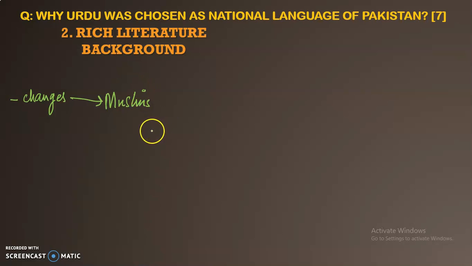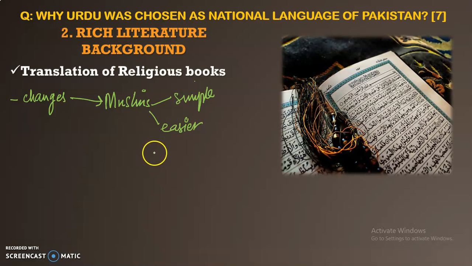There were certain changes with the passage of time brought into the language by the Muslims to make it, one, more simple, and the second, easier to understand according to the need and requirement of that time. And one perfect example we have over here is the translation of religious books. There were certain religious books which were translated into Urdu, and one perfect example is the Holy Quran.